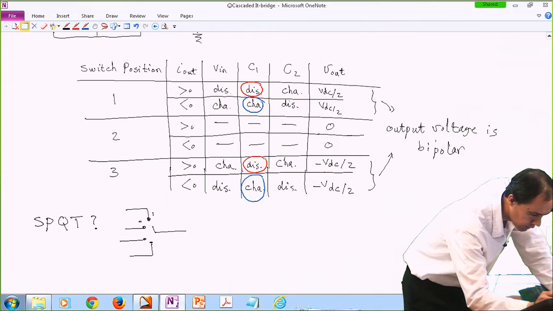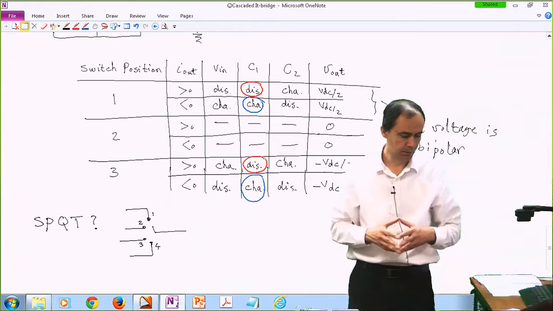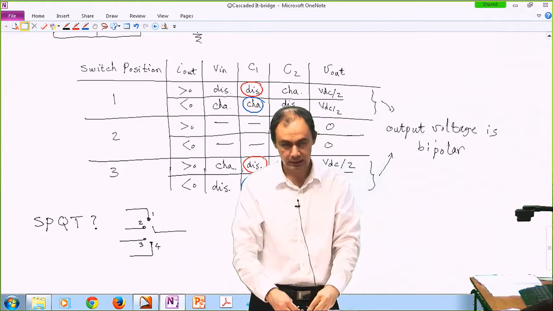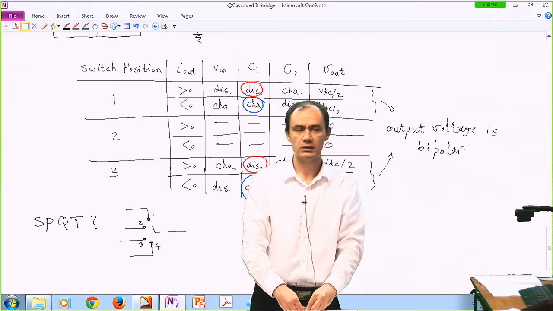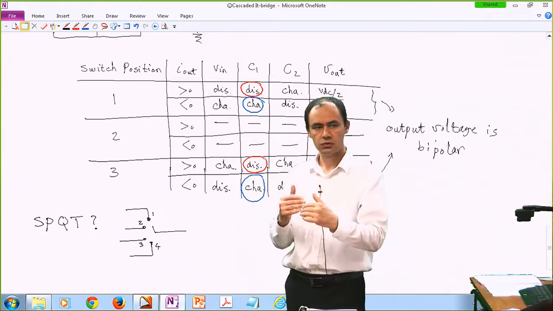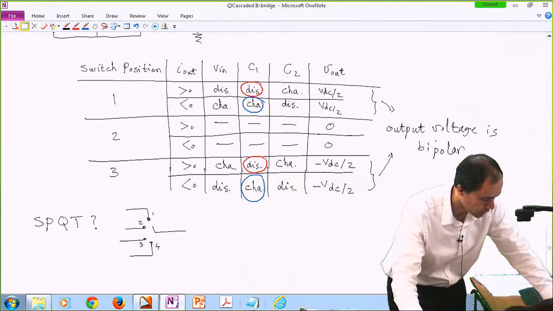Throw number 1, number 2, number 3, and number 4. So either we have to use three independent sources like VDC1, VDC2, VDC3, or have one source and then use three large capacitors to split them. And that's what we usually do in industry.